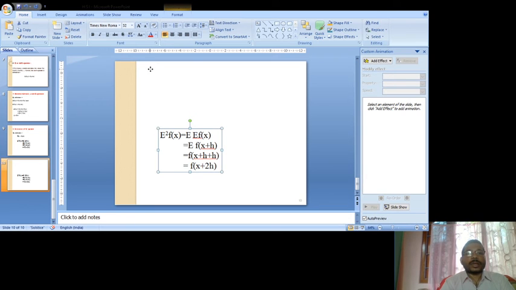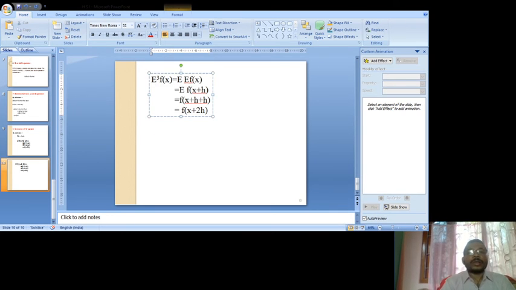Suppose it is 3: E cubed f of x is f of x plus 3h. For E square f of x, that is f of x plus twice h, then applying E once more gives f of x plus 3h. It is very clear that the coefficient of h and the index of E are the same.